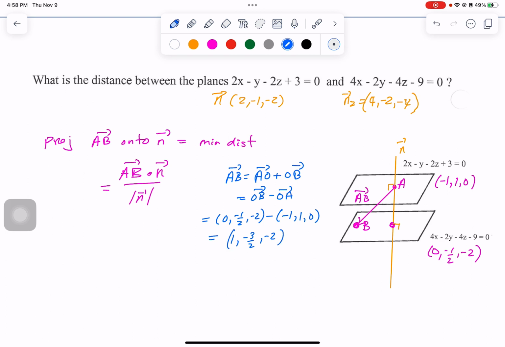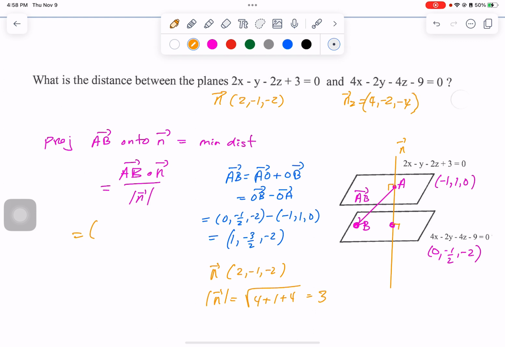Okay, so that's AB. And looking at N, we had already figured out what we thought N should be. We might as well take the simplest N, which is 2, -1, -2. The magnitude of N will therefore be 4 + 1 + 4, so that's 9. Looky, that's going to be 3. That's kind of cute. Let's put in everything where it goes.